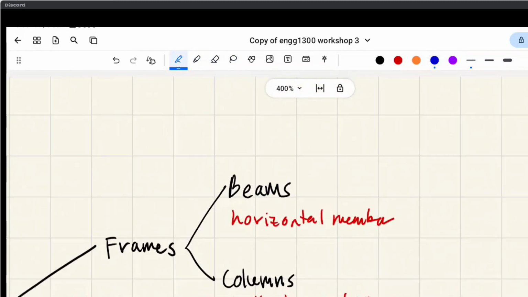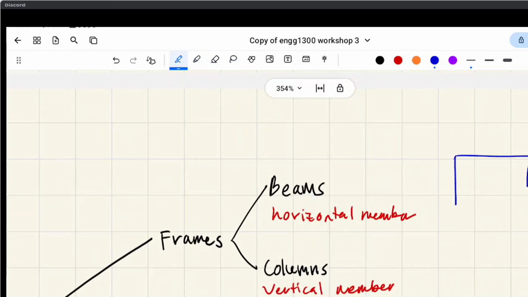So a frame looks kind of like this, where it could be pinned or rigidly connected to the ground. But the distinguishing feature here is these are rigid connections at the corners. I'll explain the different types of connections shortly after.